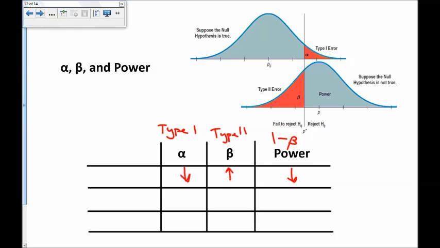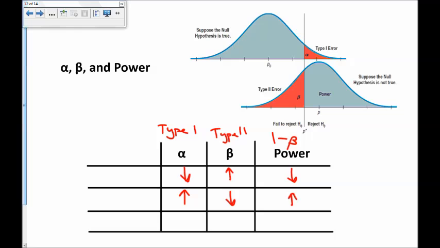Now if you say, well, I don't want to do that, I want to increase the power, so let's increase alpha. Let's have alpha be 0.1, a higher alpha level. What that will result in is a lower chance of making a type 2 error. It would decrease beta, but it would increase the power.